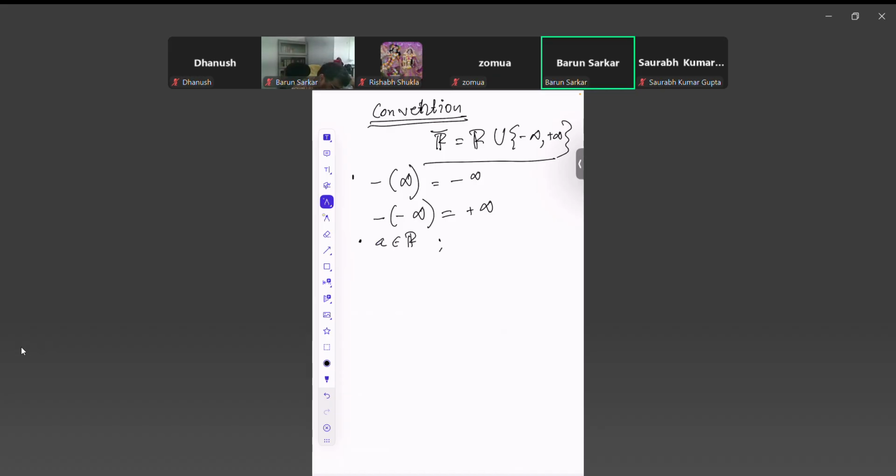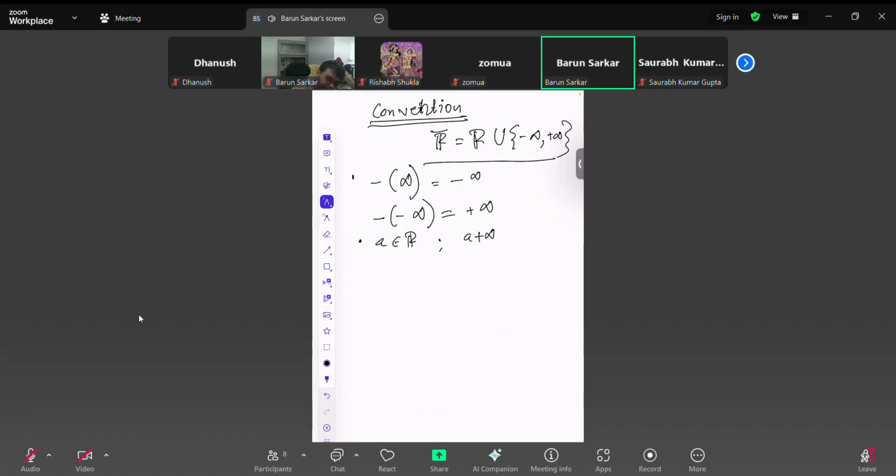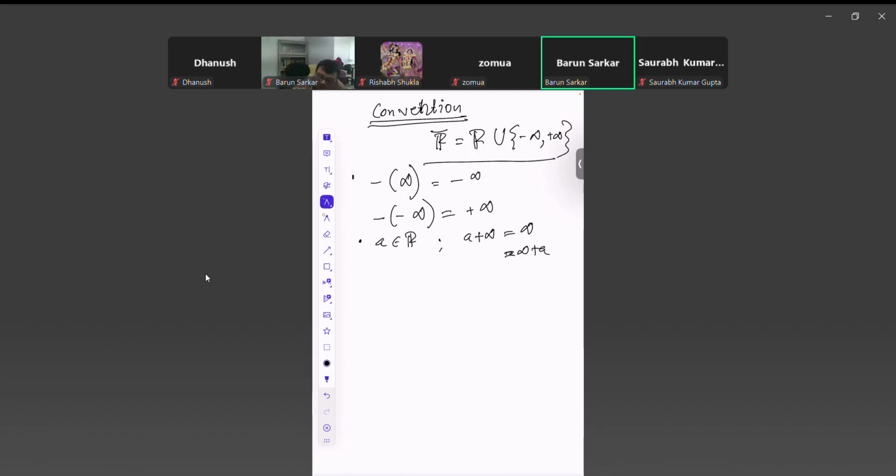What about a plus infinity, and similarly infinity plus a? So a plus infinity equals infinity, and infinity plus a equals infinity. Similarly, if a belongs to R, what about a minus infinity? This will be minus infinity. Similarly, minus infinity plus a is also minus infinity.